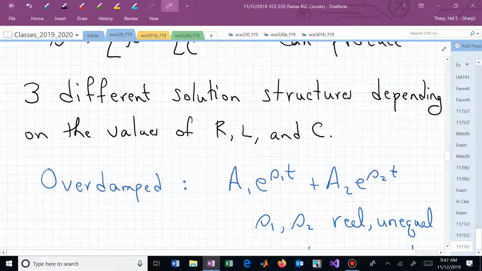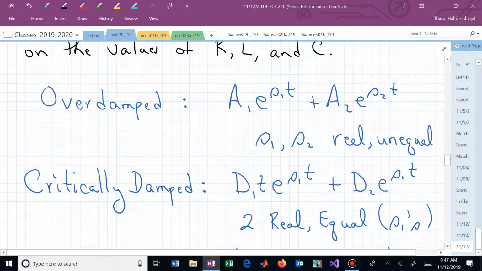Critically damped, what's that look like? When we know that our circuit is yielding a critically damped response, what do we know the structure of that solution looks like? It has real and equal roots.